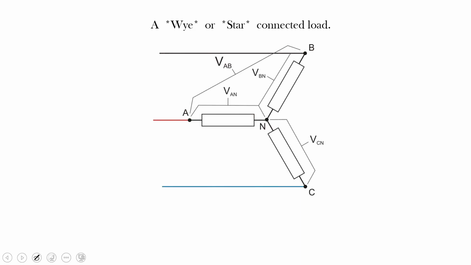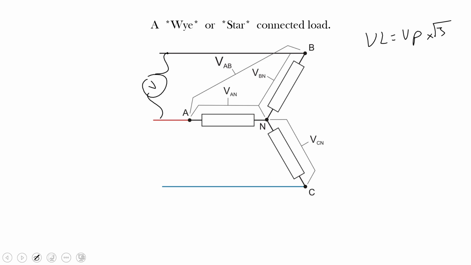Okay, what about line voltage? So let's go with that. If I put a voltmeter from point A right there, and so there's my voltmeter, and I put the other end of the voltmeter here, we already know that V line is equal to V phase times root 3, or 1.732.